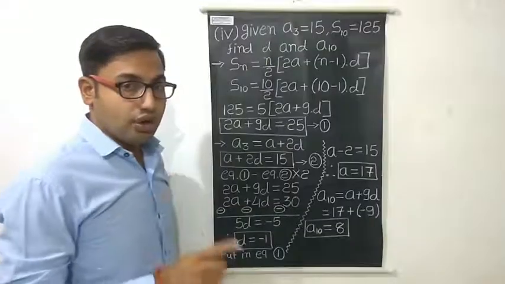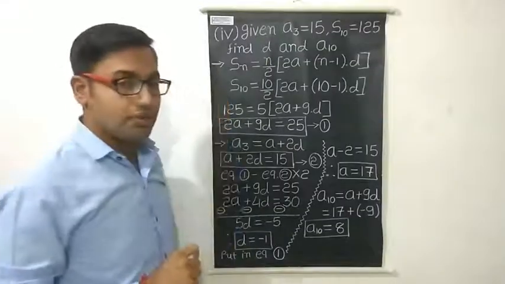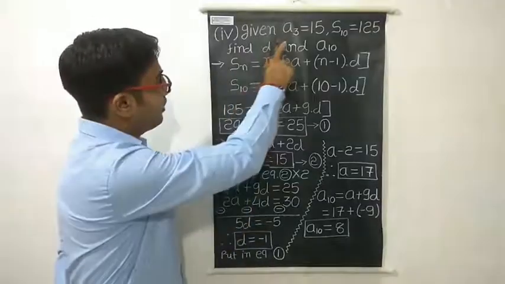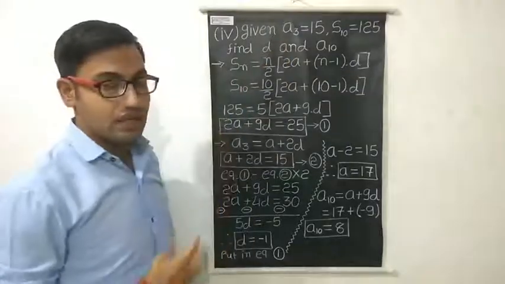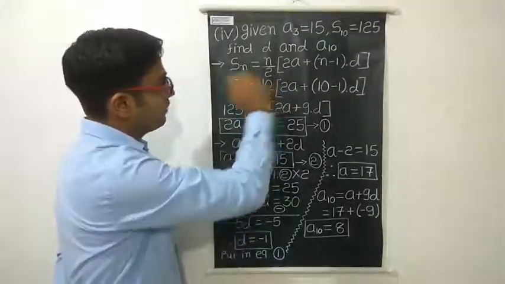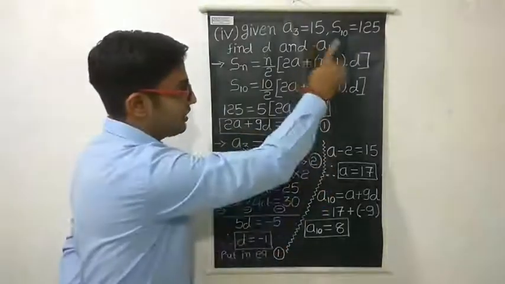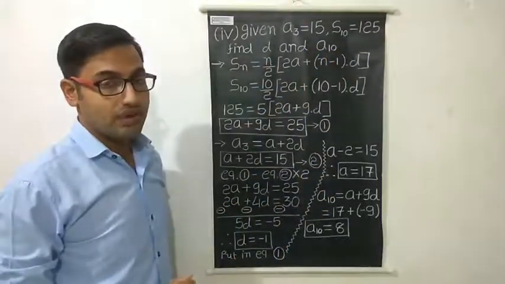Now let us study the question number 4, sub question number 4. What we have given? We have given a3 is equal to 15, the value of the third term is 15, and the addition of the first 10 terms, that is S10, is equal to 125.